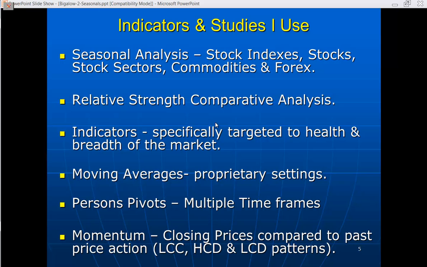Most people use the advanced decline comparative ratio on the NYSE because that's all they have available to them on certain platforms. I think it's important that if you're trading the S&Ps or the Dow or the Russell or the NASDAQ 100, that you create or watch or get access to an advanced decline comparative ratio line on those specific indexes.